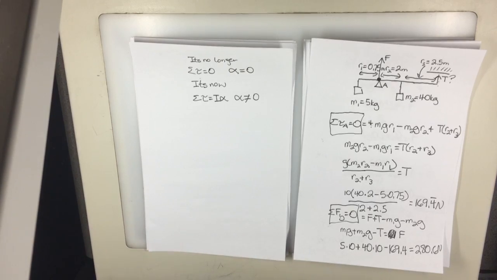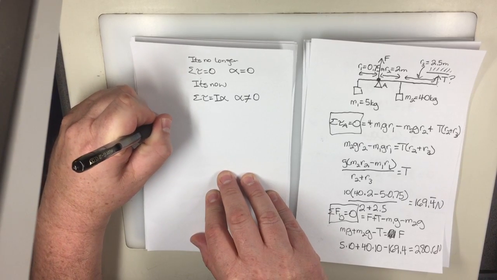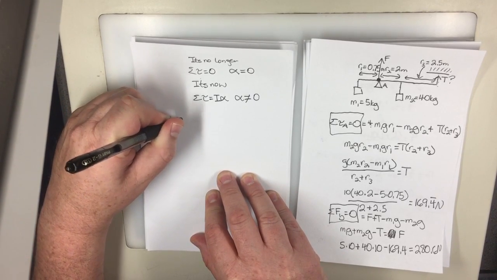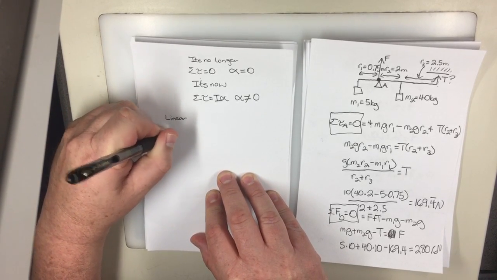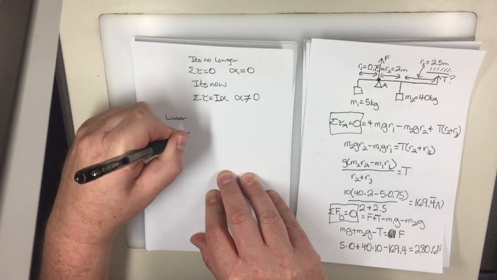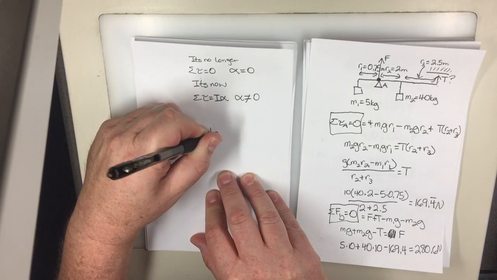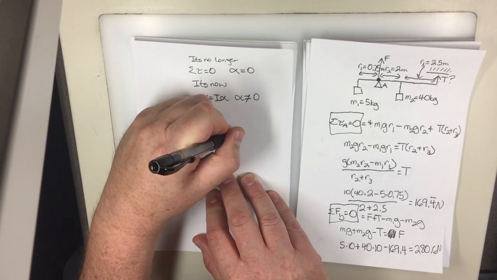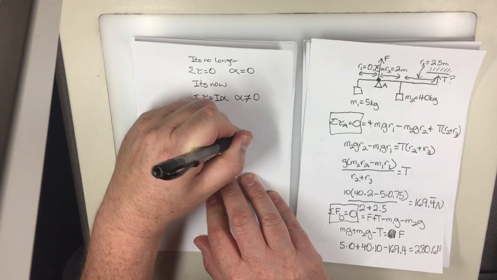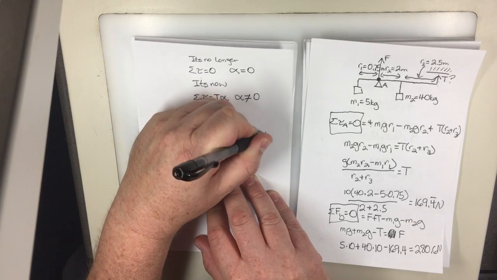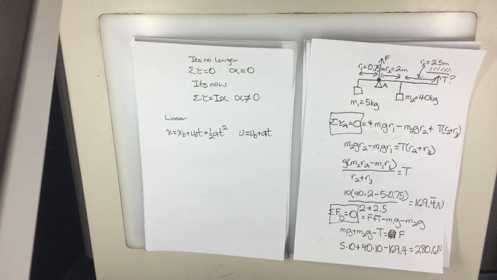There are equations that can be used in either case. We have our linear equations: x equals x naught plus v naught t plus 1/2 a t squared, and v equals v naught plus a t. Those are the linear equations of motion.